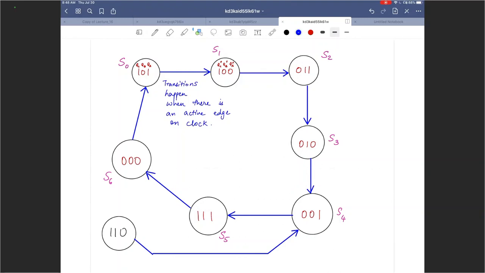Questions about the counter design process and how we deal with the random power-up states?